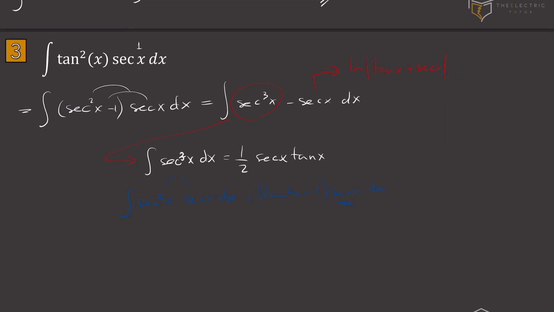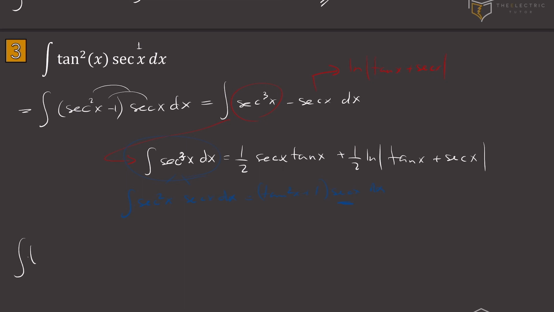So what we did for this particular integral, and this is the easiest method you can use, is to use integration by parts. So I want you to go watch, if you haven't seen it, my integration by parts video. But that gives you, in the end, 1/2 secant times tangent plus 1/2 natural log absolute value tangent x plus secant x.